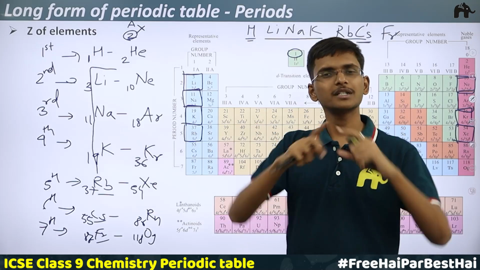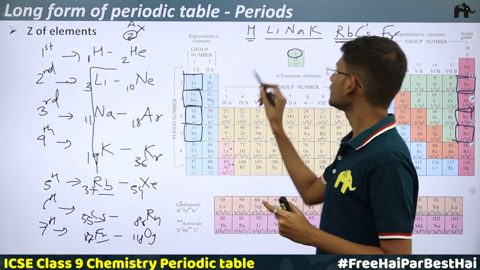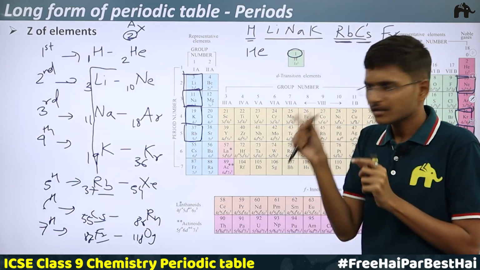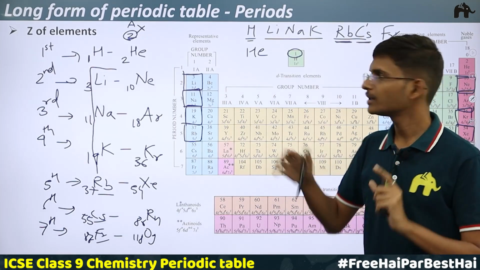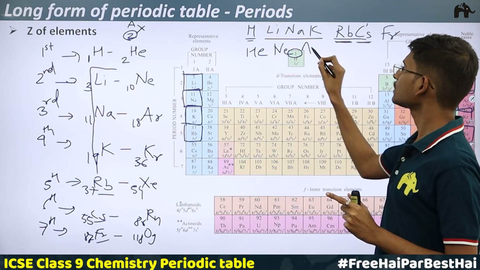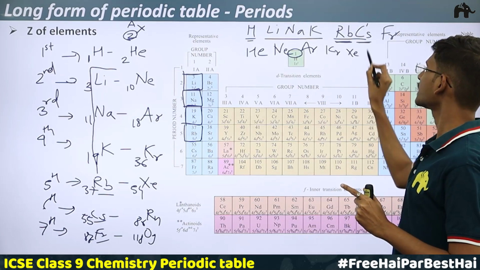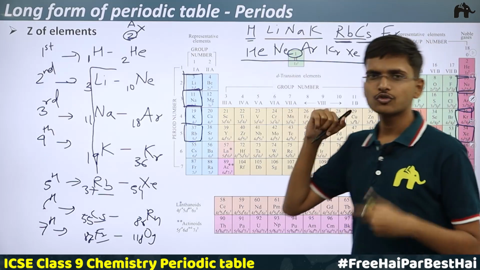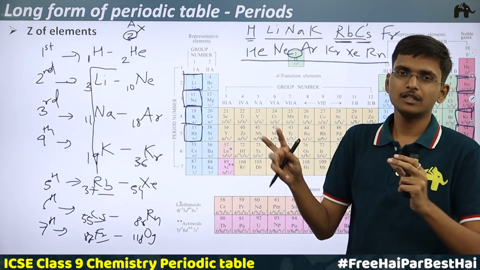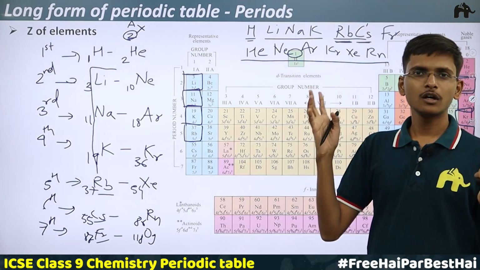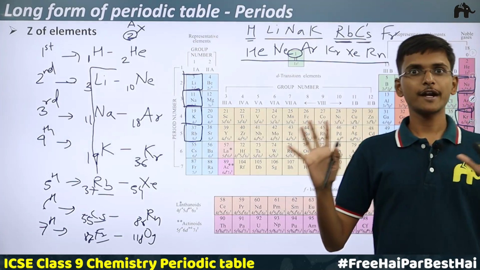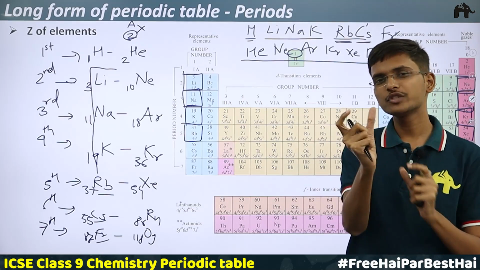You would have remembered, but still I will give you something simple: remember it in a rhythm. What I have done since my childhood is remember it in a rhythm. So helium, neon, argon, krypton, xenon, radon, in this rhythm. You can put any interesting rhythm to it, any music tune you pick.